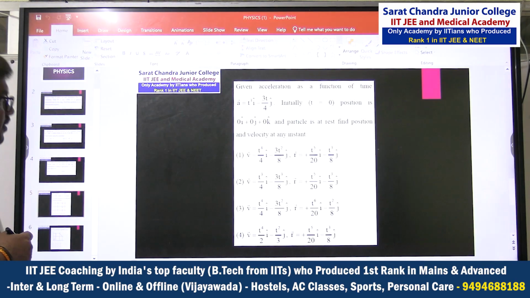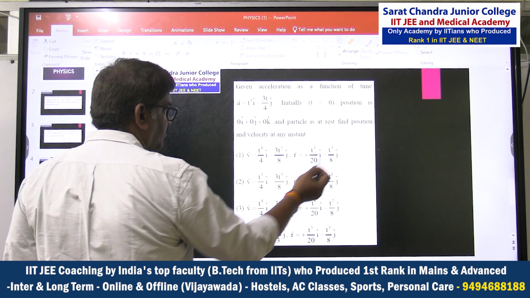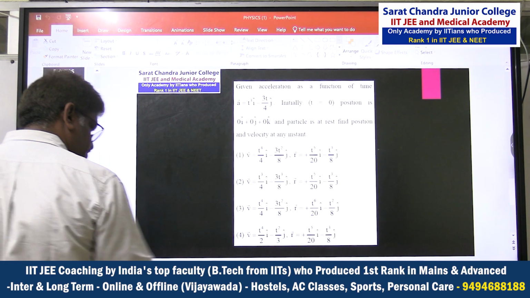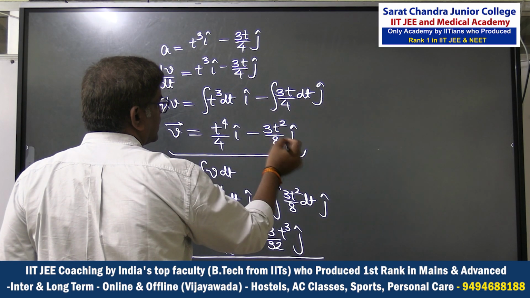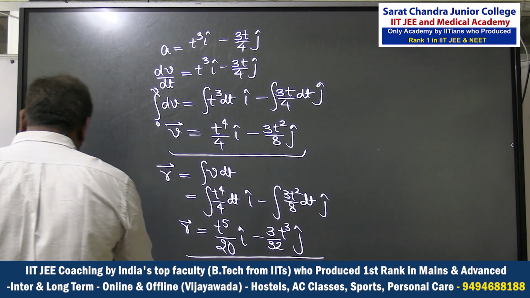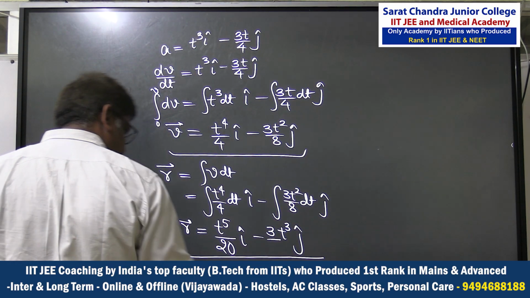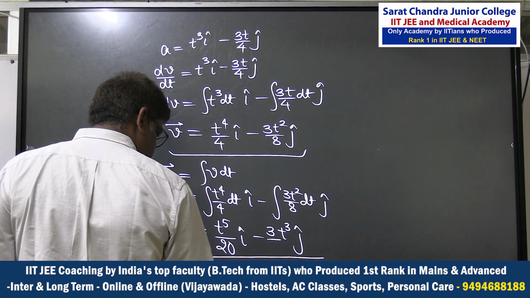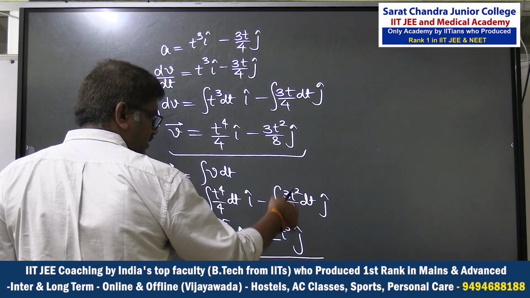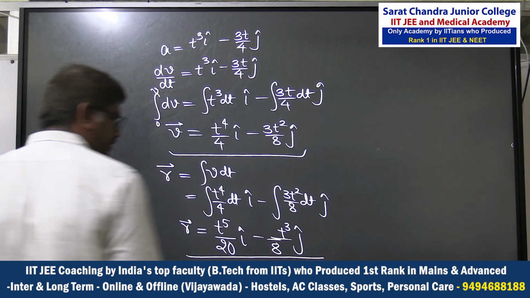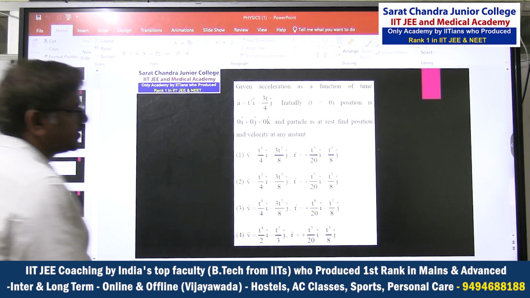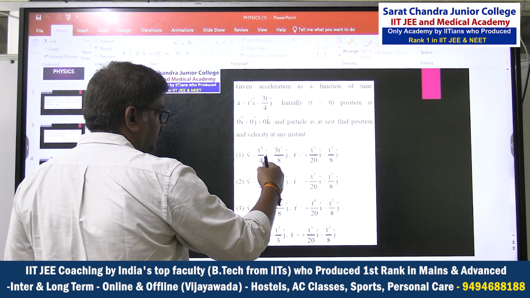For the j component, 3 by 8 times t cube by 3, the 3 cancels, so it will be t cube by 8. And that's why the correct answer is t to the power 5 by 20 i cap minus t cube by 8 j cap. Okay, first option.